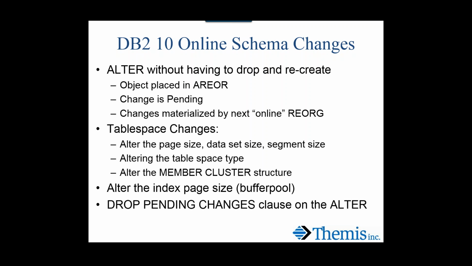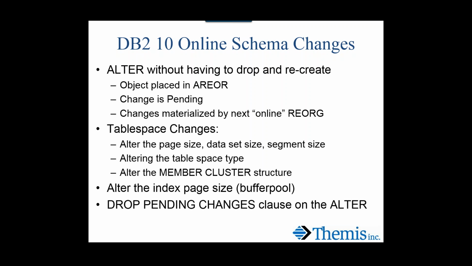So probably the most common example of this is migrating from a simple or segmented table space to a universal partition by growth table space. We could never change table space type before. Now we can, and when we do that, DB2 throws you into advisory reorg pending and says, okay, this change will really happen when you accomplish an online reorg of that object.